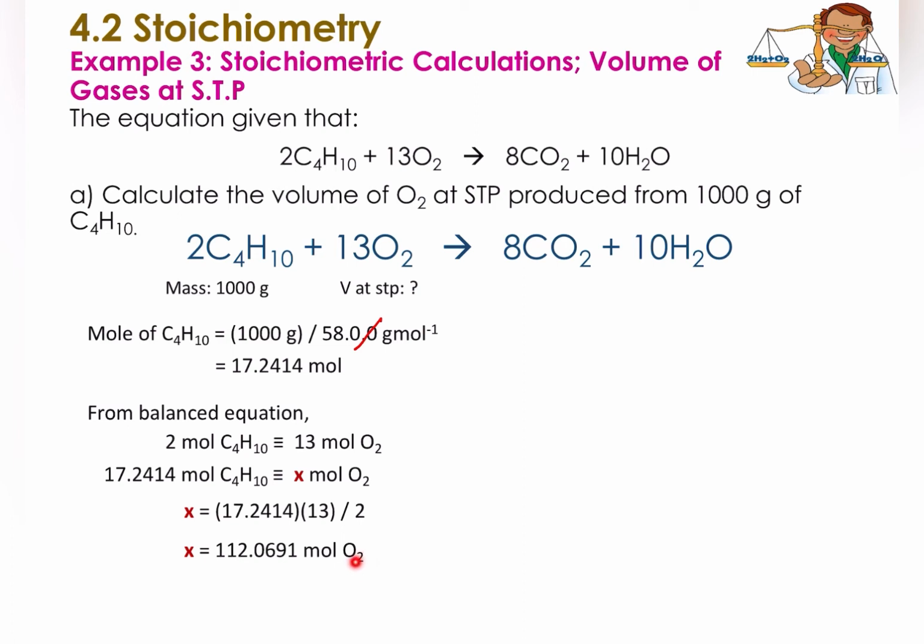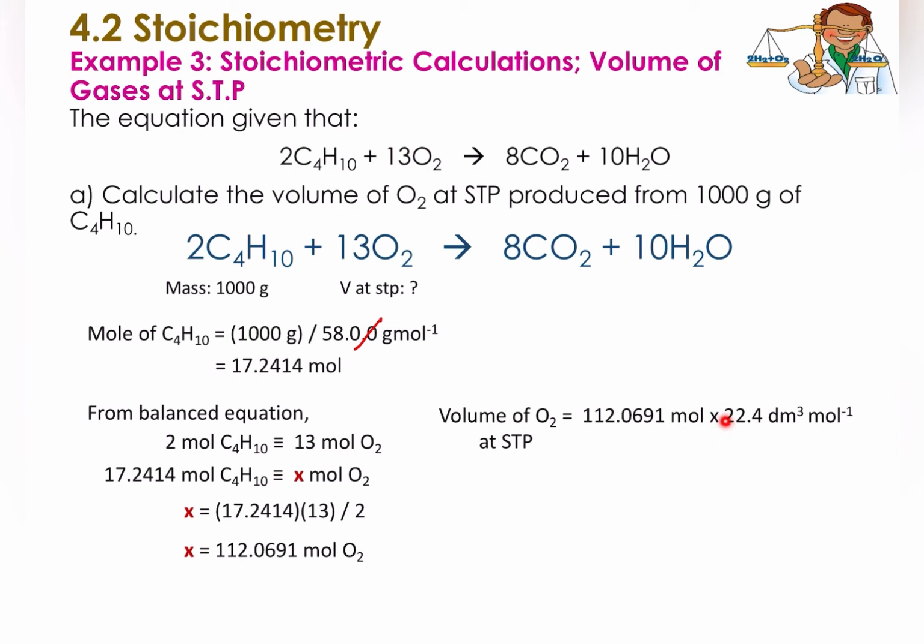So now I got the moles for oxygen. What I want to find out is the volume of oxygen at STP. In order to do that, you have to use the formula when you have the mole, how you want to calculate the volume.